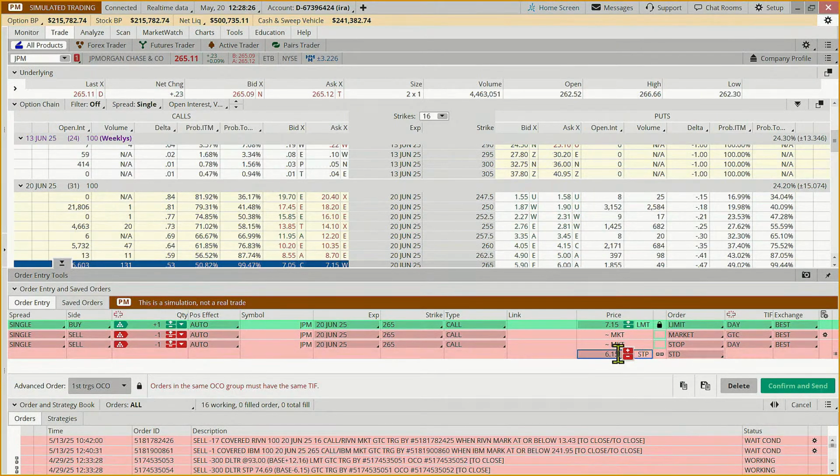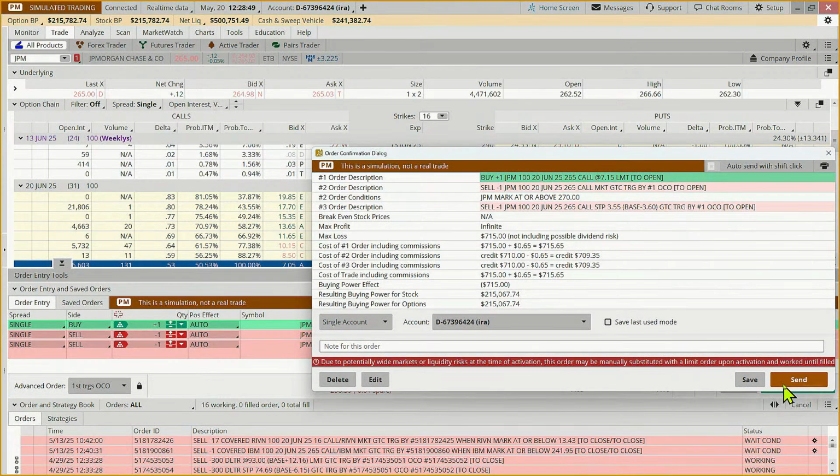And if this option loses half its value, so it's 350, say if it gets to 355, that's about half its value. I'd like to take my money and go home and live to trade another day.